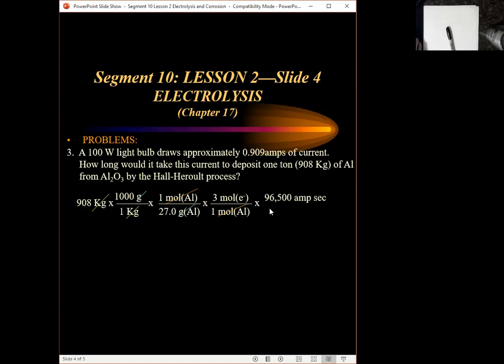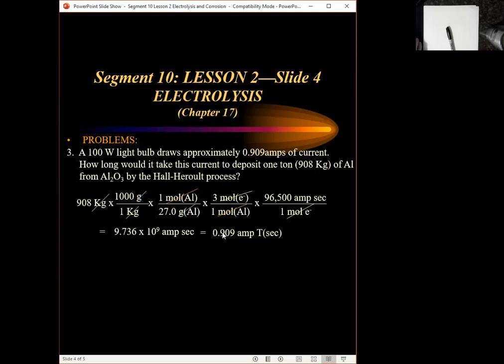And now it takes 96,500 amp seconds per 1 mole of electrons. Cancel out the units, and we get 9.736 times 10 to the 9th amp seconds.